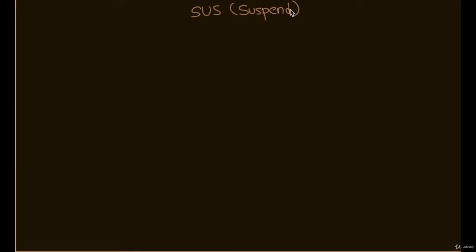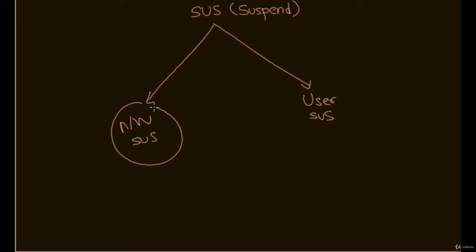So basically there are two kinds of suspend: one is the network initiated suspend, and another is the user initiated suspend.